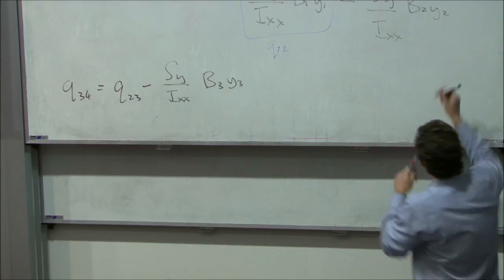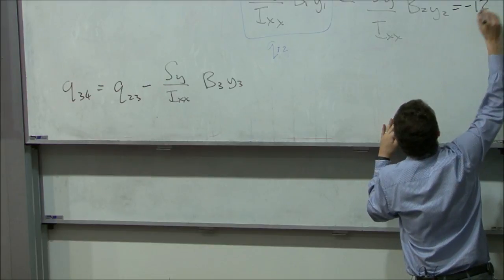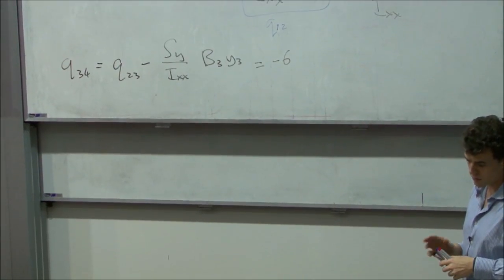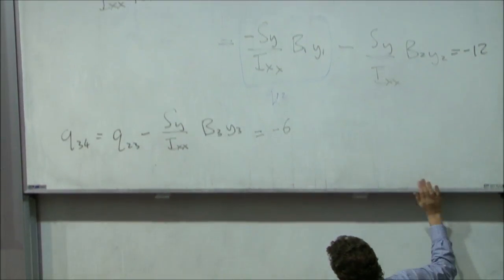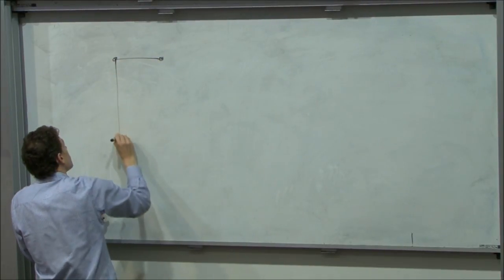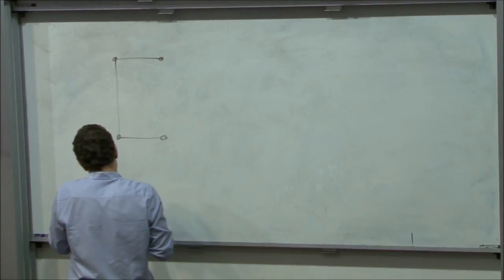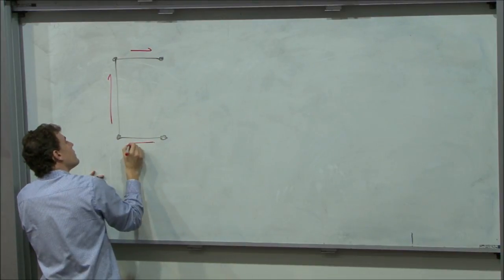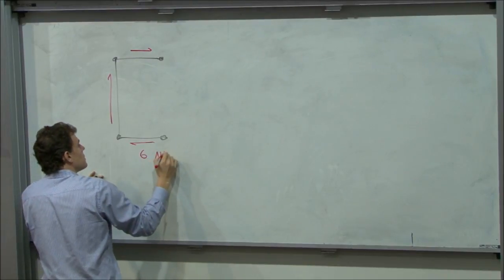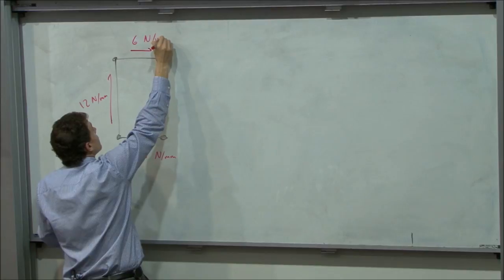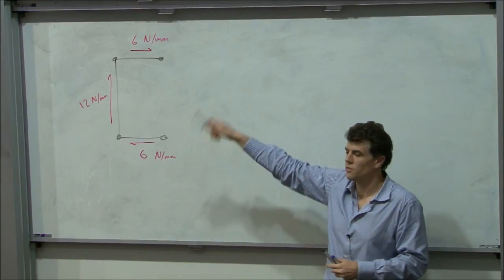So if you've done this calculation, this one should equal minus 12, and this one should equal minus 6. Okay, so that's what the resulting shear flows in the section would look like.